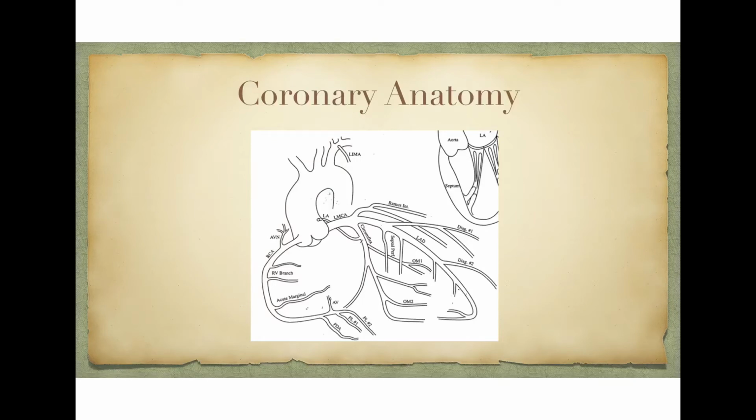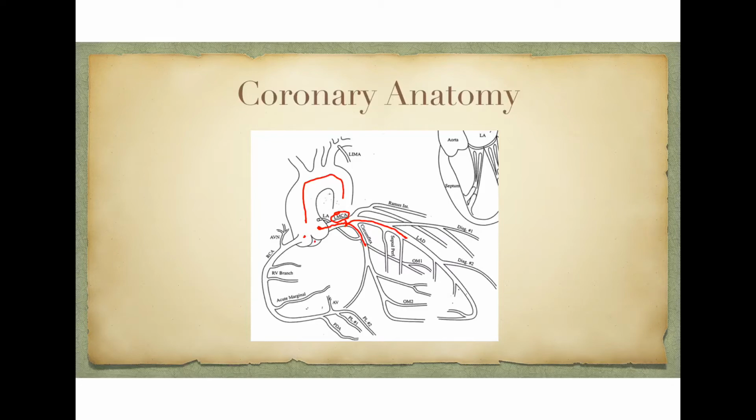Before going on, it's important to understand some basics about the coronary anatomy. So here we see a schematic, the aortic arch, and the three cusps of the aortic valve here, here, and here, and two of those three cusps have a coronary vessel coming out of them. So the left coronary cusp will give off the left main coronary artery, LMCA, which will branch off into the left circumflex and the LAD, left anterior descending artery.